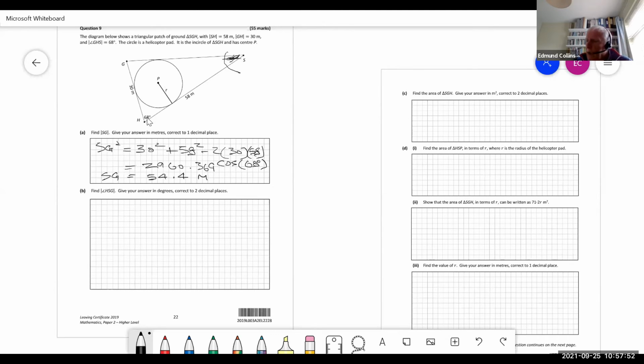So we already have calculated SG here. We know this angle here, so straight away that points us to the use of the sine rule in this case.